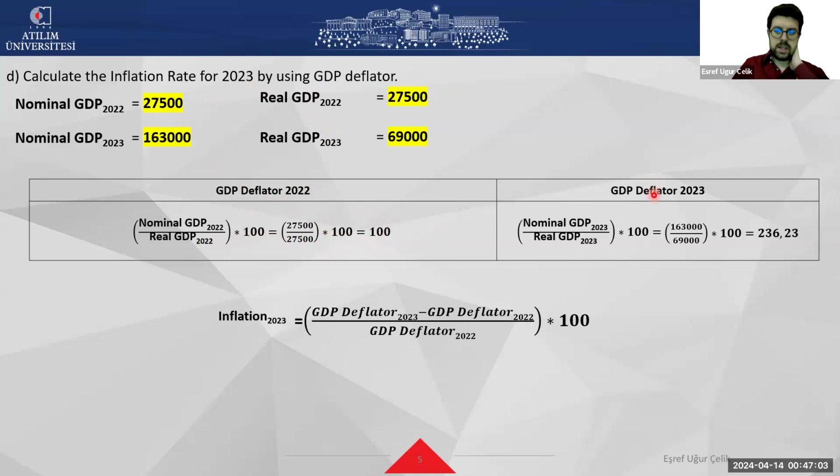Okay, let's look at the GDP deflator 2023. We can divide the year of 2023 for the nominal to real, multiply 100, then we find another number, 236.23. Then put these numbers into the equation, then find the inflation rate.